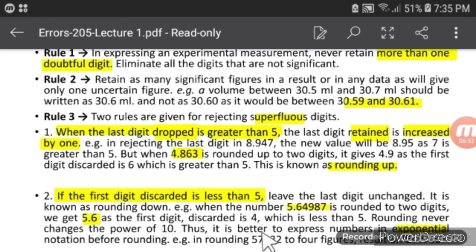Here an example like 8.947. Here the dropped digits 47 are greater than 5. In this case the last digit retained is increased by 1.